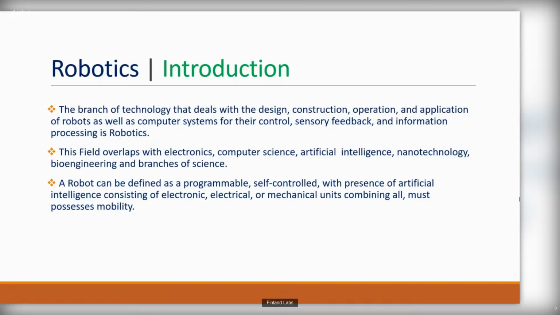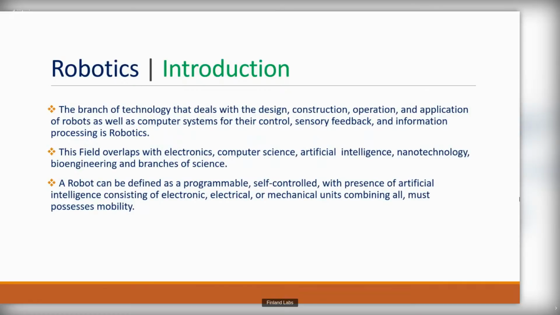Basically, any machine which makes our work easier is not a robot. If I talk about a washing machine, it makes the clothes cleaner, right? It is making our work easier, but we cannot call it a robot. A fan gives us air, we cannot call it a robot. An AC, we cannot call it a robot.